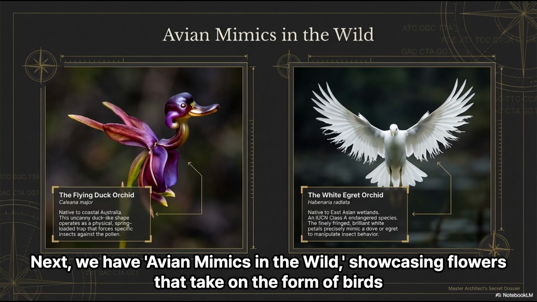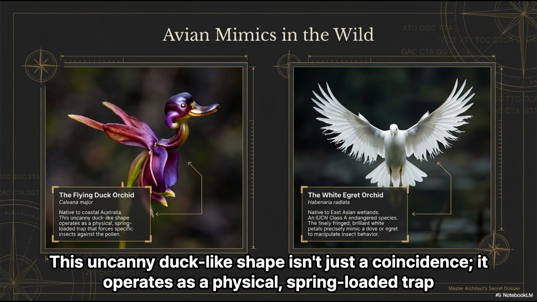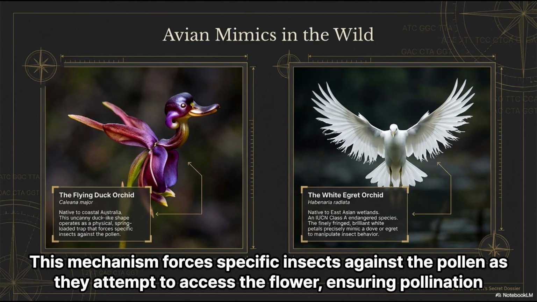Next, we have avian mimics in the wild, showcasing flowers that take on the form of birds. First, the flying duck orchid, or Caleana major, native to coastal Australia. This uncanny duck-like shape isn't just a coincidence, it operates as a physical, spring-loaded trap. This mechanism forces specific insects against the pollen as they attempt to access the flower, ensuring pollination.